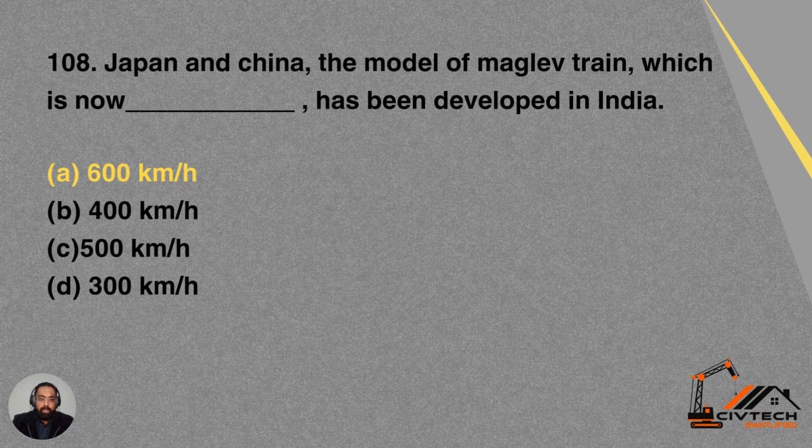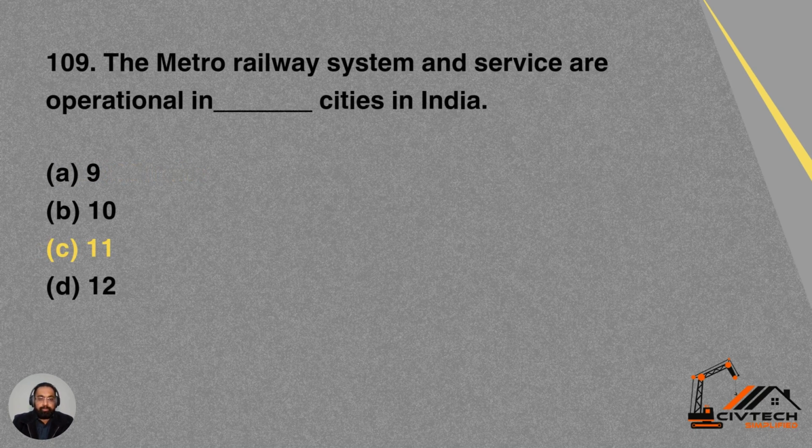So this train has the speed of 600 kilometer per hour, and now India is also having such type of rails. The second option was 400 kilometer, third was 500 kilometer per hour, and D is 300 kilometer. So A is the correct answer. This train has 600 kilometer per hour speed.